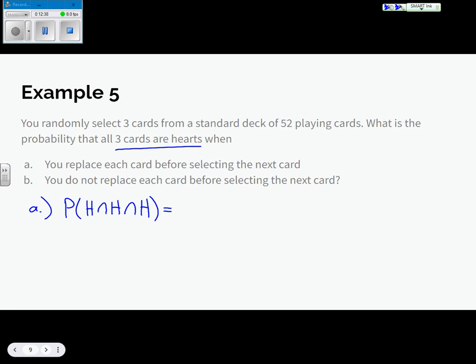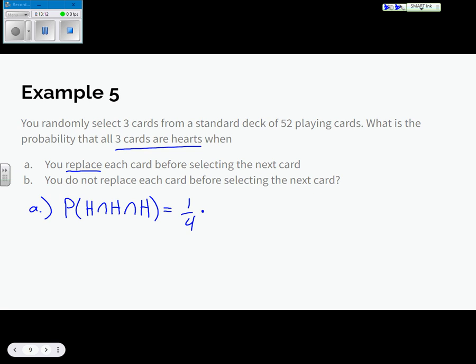Okay, so let's just go back to sticking our hand into that deck. Whenever I stick my hand into that deck, 1 out of every 4 cards is a heart. So you can think of it as 13 out of 52. 13 of the 52 cards are going to be a heart, which reduces down to just 1/4. Now, this has something called with replacement. So I pull that heart out of the deck, and then I slide that heart back into the deck.